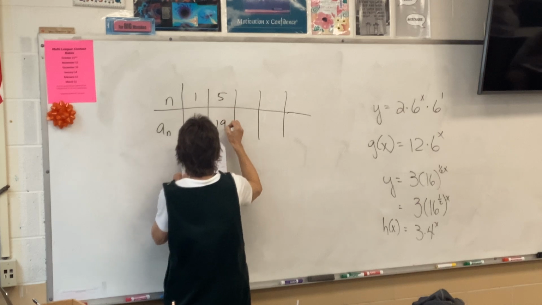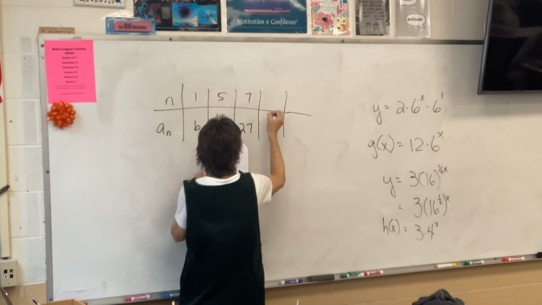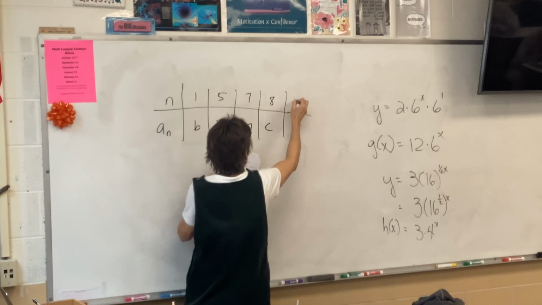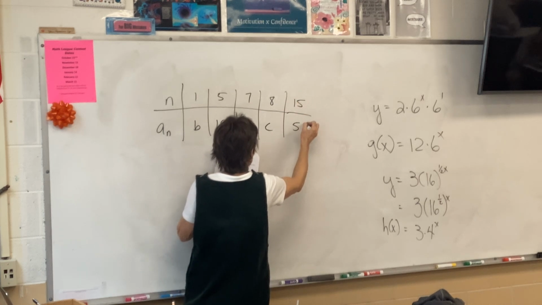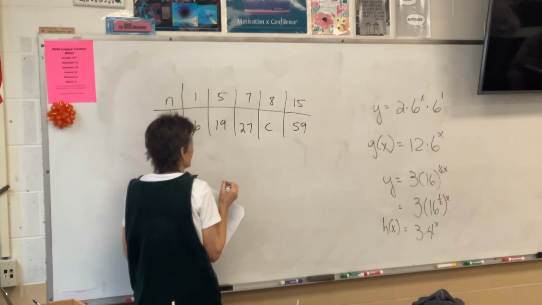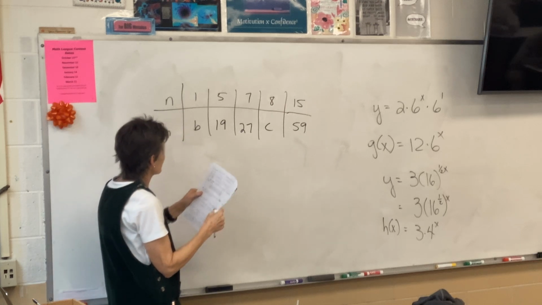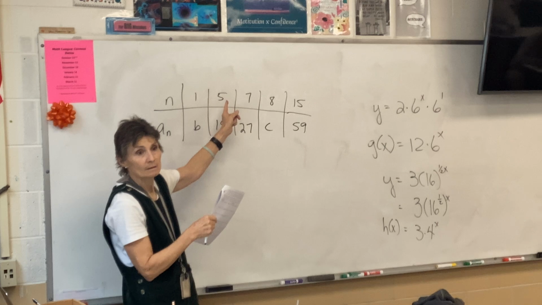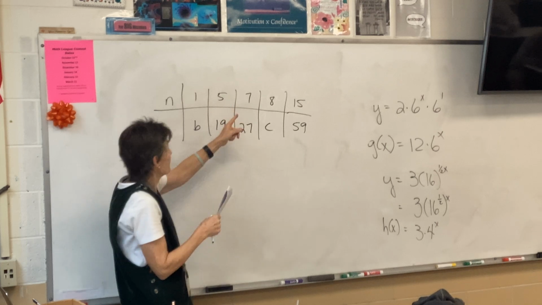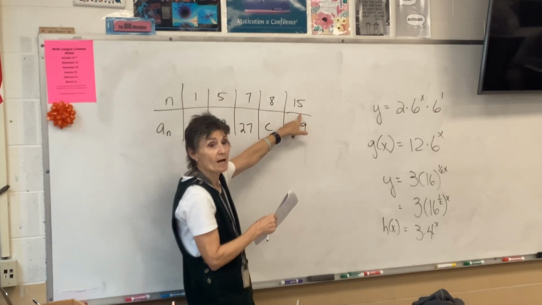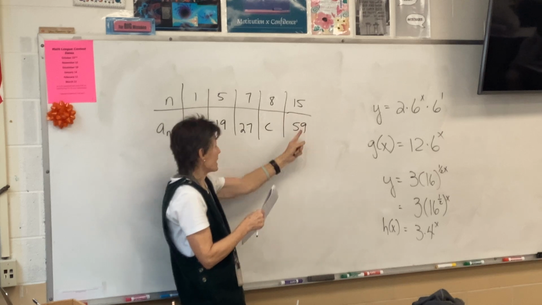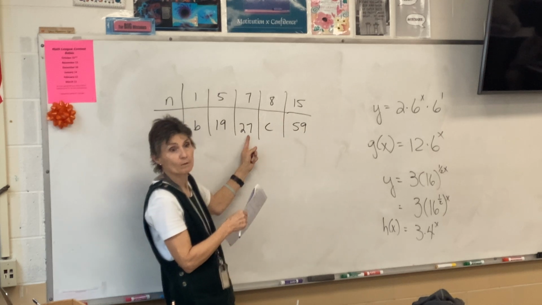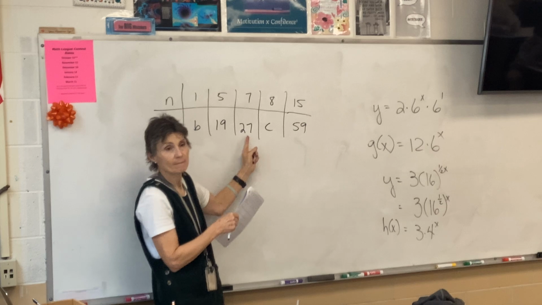Can't we just do, since it's arithmetic, the difference of 59 minus c and set it equal to a different difference? Because they're the same difference, right? Well, be careful, these are not evenly spaced. If this were a 9, then yes, that difference would match this difference exactly.